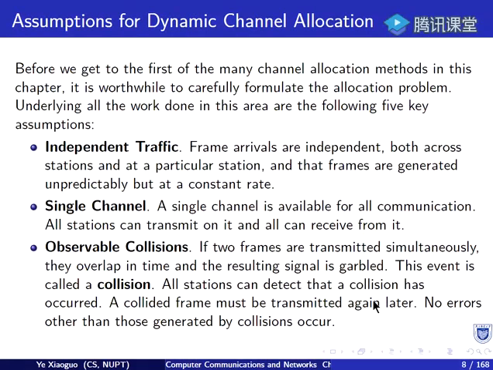Here we'll begin to talk about dynamic channel allocation design. Before we get to the first of the many channel allocation methods, it is worthwhile to carefully formulate the allocation problem. Underlying all the work done in this area are the following 5 key assumptions. Assumption 1 is independent traffic.